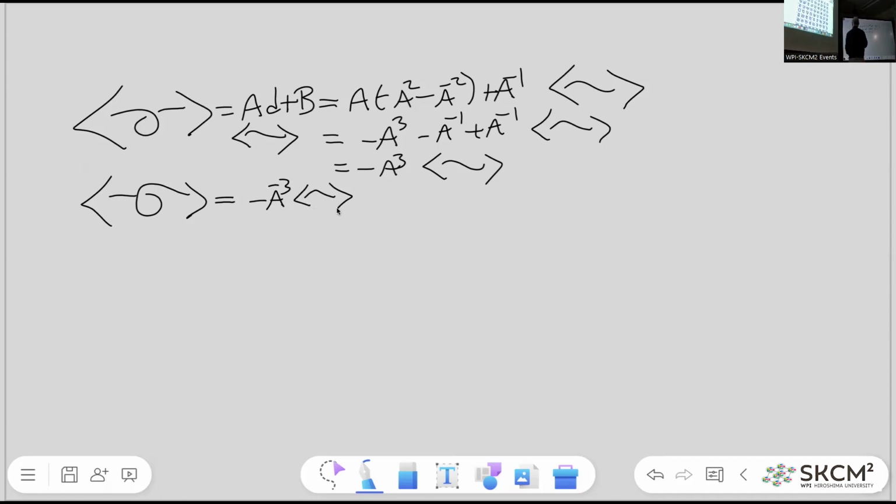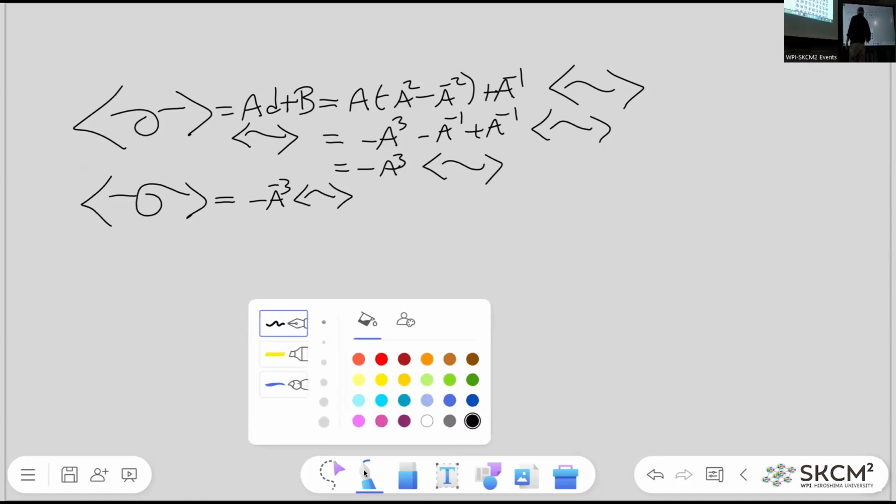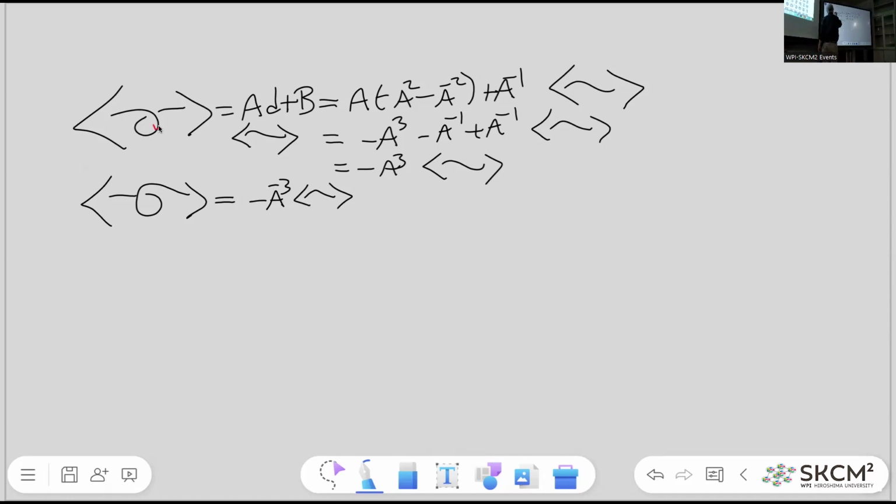Now, how do you tell which is which? I like to do it this way. You may find there is some other convention, but I like to do this. I put a little arrow on the curl, and then I ask myself, is that a positive or a negative crossing? I have a positive crossing there, but a negative crossing here.